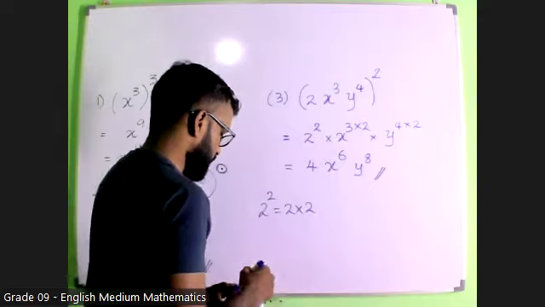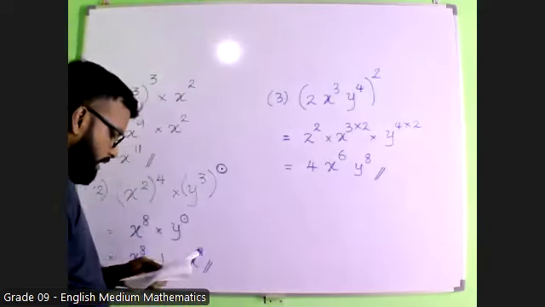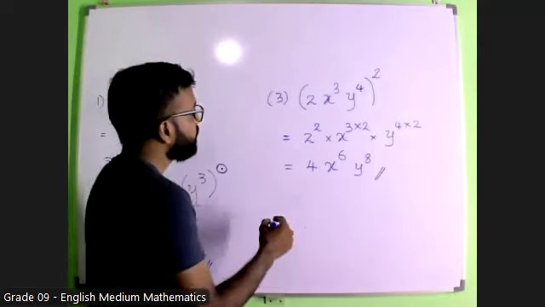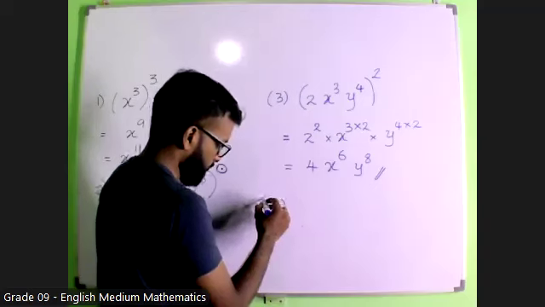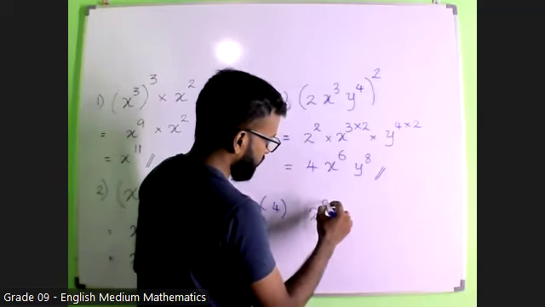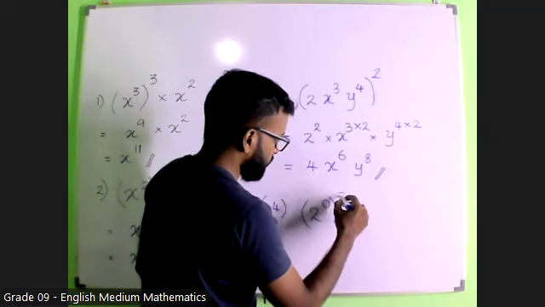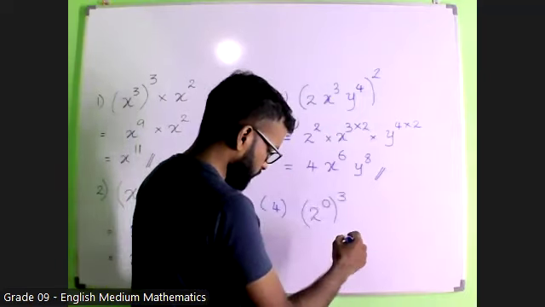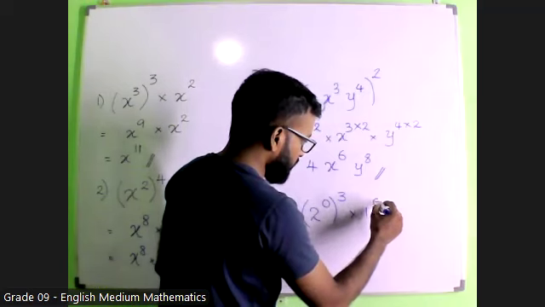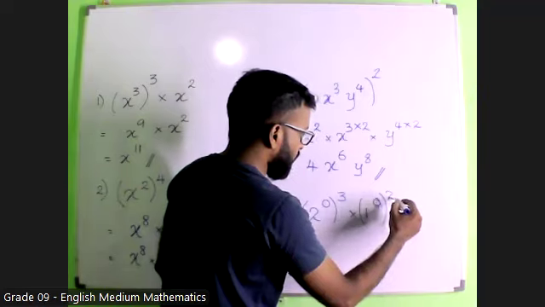Right, now the fourth one. Let's do some more: 2 to the power 0, to the power 3, times 1 to the power 0, to the power 2.